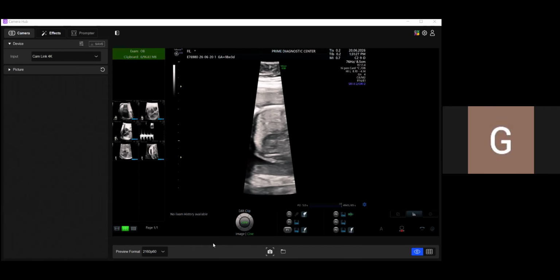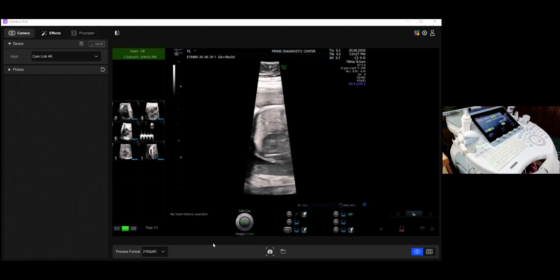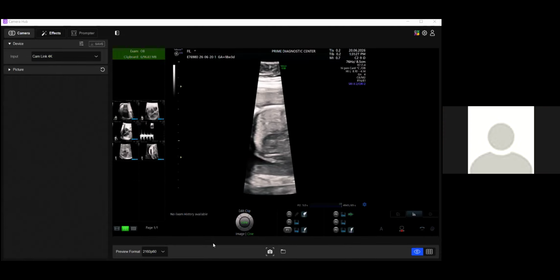Sir, when we do TAPSE and MAPSE for LV and RV functions, they are not a very good method actually to assess the ventricular functions, but many a time that's the only thing you have. Tei index is far better. And sir, what is normal fractional shortening?